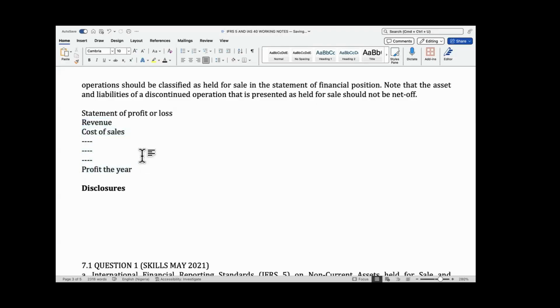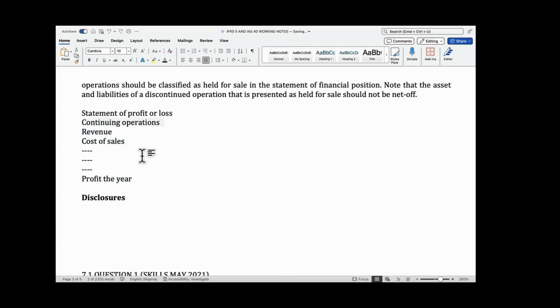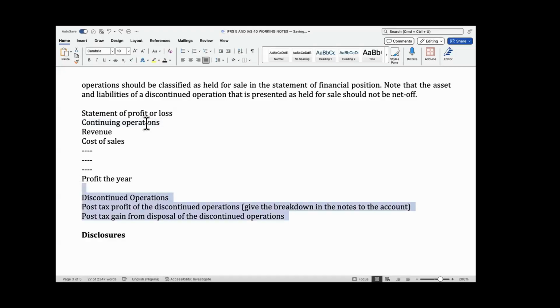But because you have planned to sell a component of your entity, you are saying, okay, let's classify the component of our entity that we are not planning to sell as continuing operations, and the ones that we want to sell as discontinued operations. So that's the idea. We're just separating it from the ones we want to sell. Hope that's clear.